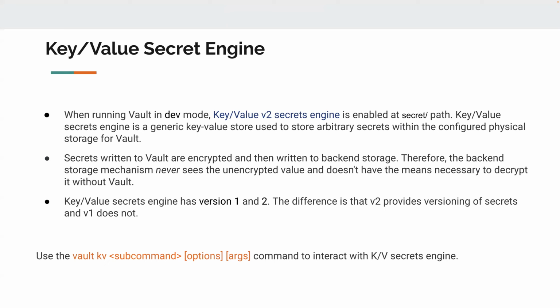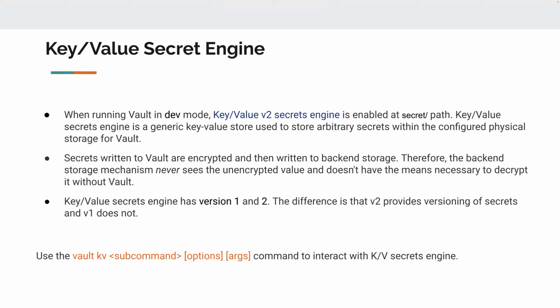So this is the way of the key value secret engine. It's more similar to a non-RDBMS thing. You just need to specify the key, and it will fetch you the value. So in that manner, it works.